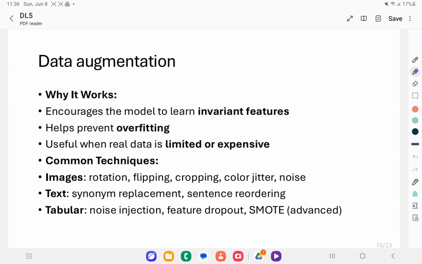The key is that these augmented samples are still realistic enough to represent valid inputs. They introduce variability that forces the model to learn more general invariant patterns rather than memorizing the training data itself. It's important to apply these transformations only to the training set, never to the validation nor to the testing data.